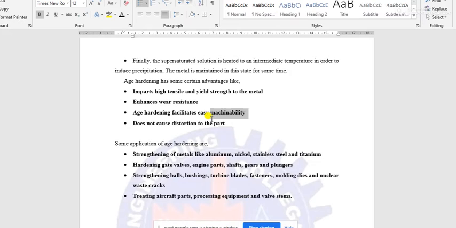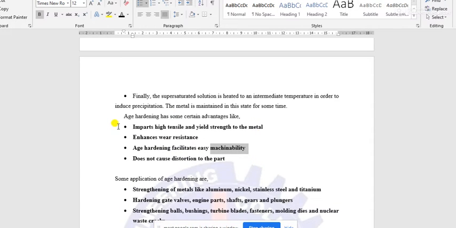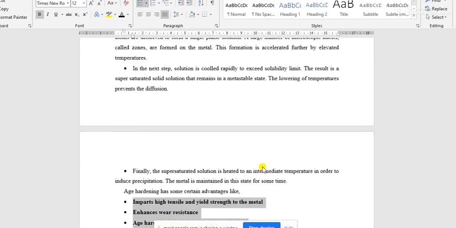There is a little difference between malleability and machinability. And to reduce the risk of distortion to the metal, these kinds of desired results may be imparted to this metal.